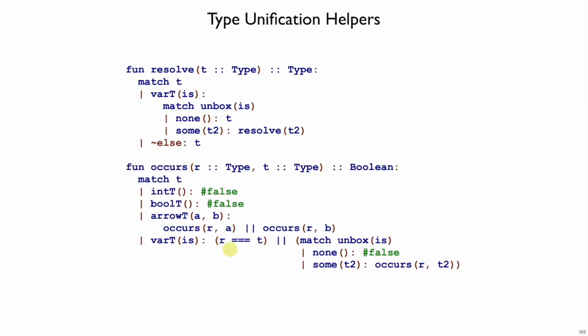But if r is not exactly t, well, then we need to check whether t is assigned to anything. And if it is, then we recur with an occurs check on r, the same r, we're still looking for the same r, but whatever the type variable t was assigned to, some tau2 here. So with those two helper functions, unify is complete.